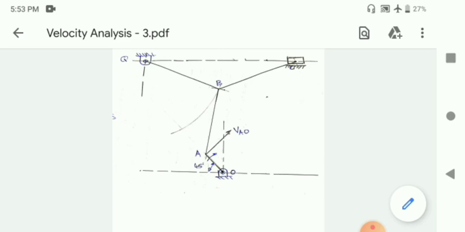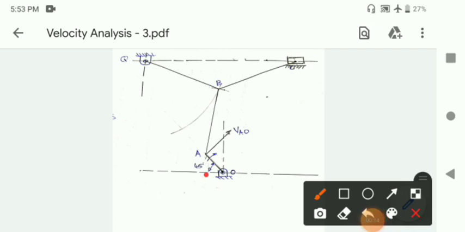Now we need to determine the direction of velocity of point A relative to O. In the question it is given that the crank is rotating in the clockwise direction. So the direction of velocity of A relative to O will be tangential to the path traced by point A. Since link OA is undergoing a rotational motion, point A will undergo a circular motion.